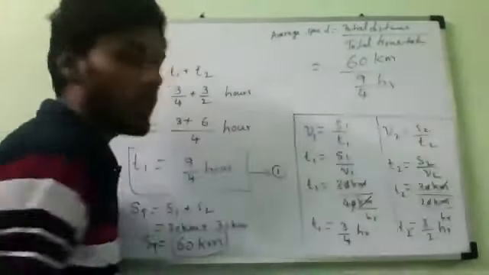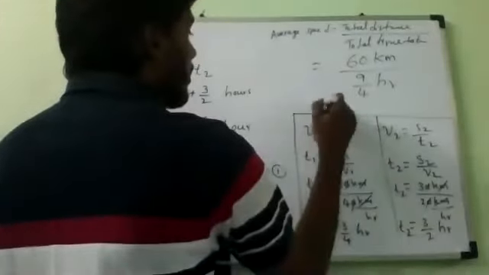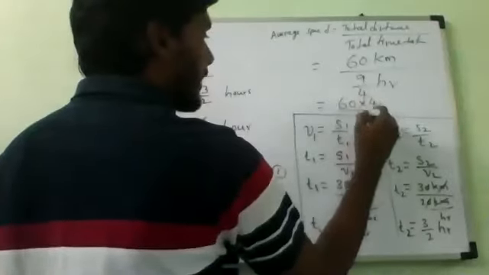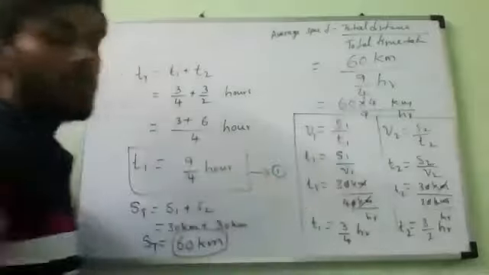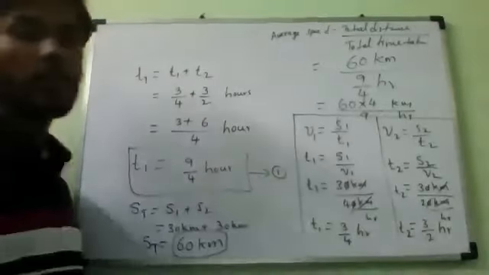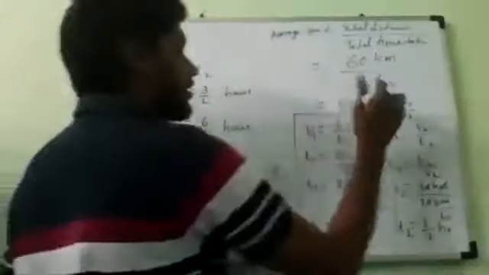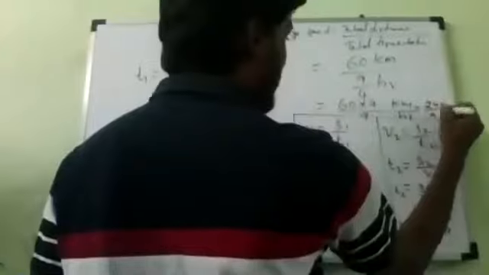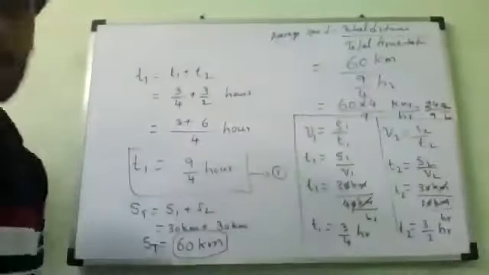So it will become 60 into 4 divided by 9 kilometer per hour. 6 fours are 24, so it is 240 divided by 9 kilometer per hour. Solve it and tell me.